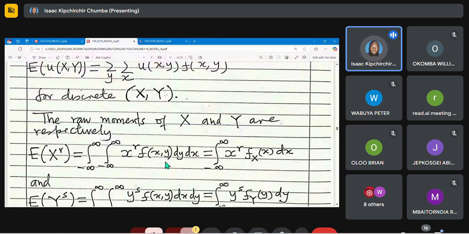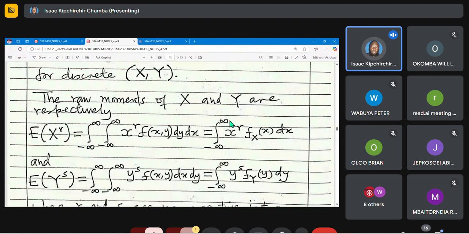But if I remember, if I integrate the joint PDF over y from minus infinity to infinity, I get the marginal of X. So I'll be having this integral, which is x raised to r times the marginal of x, dx. You can see things have now reduced to what you are dealing with in the univariate case.